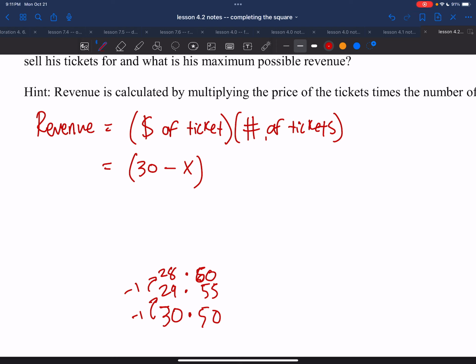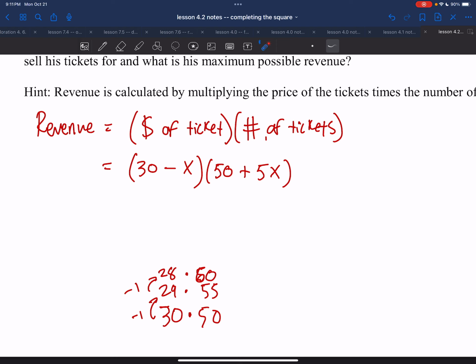I don't want to take off like $2.50, right? And then the number of tickets is going to increase by 5 every time. So there's going to be 50 people originally, but for every $1 down, 5 more people come. So it's going to look like this, right?